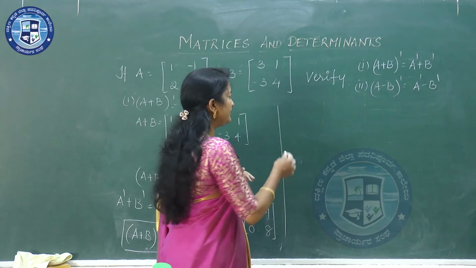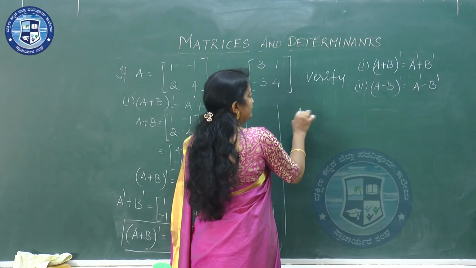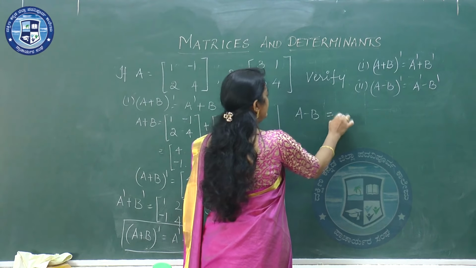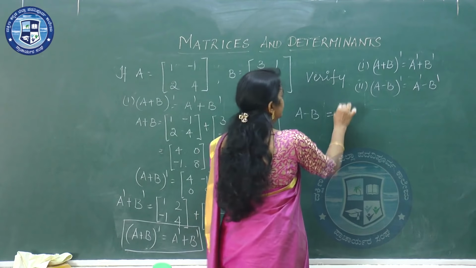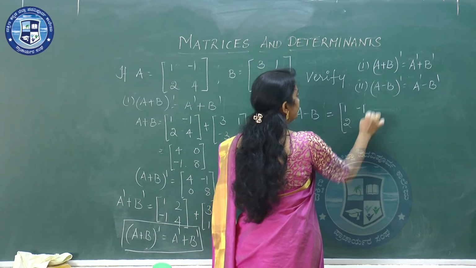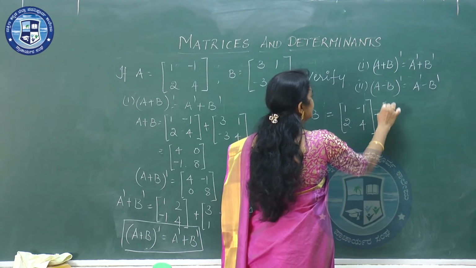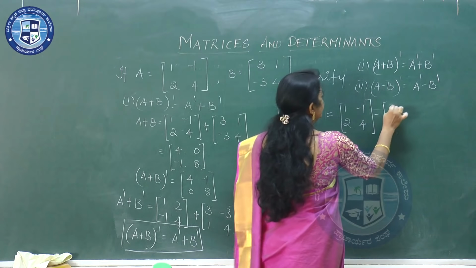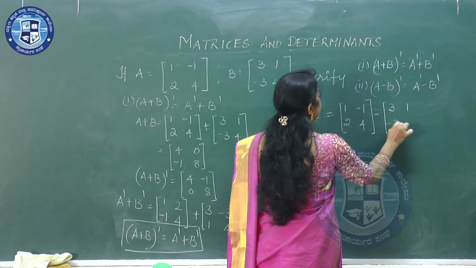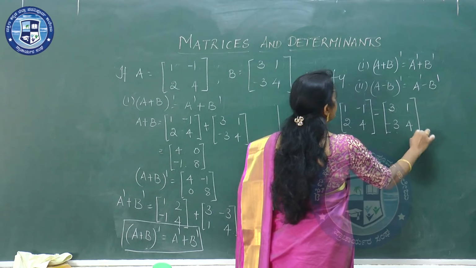Now second part, (A minus B) whole transpose is equal to A transpose minus B transpose. This also we will verify. First we write what is A minus B. A is [1, -1; 2, 4] minus B is [3, 1; -3, 4].